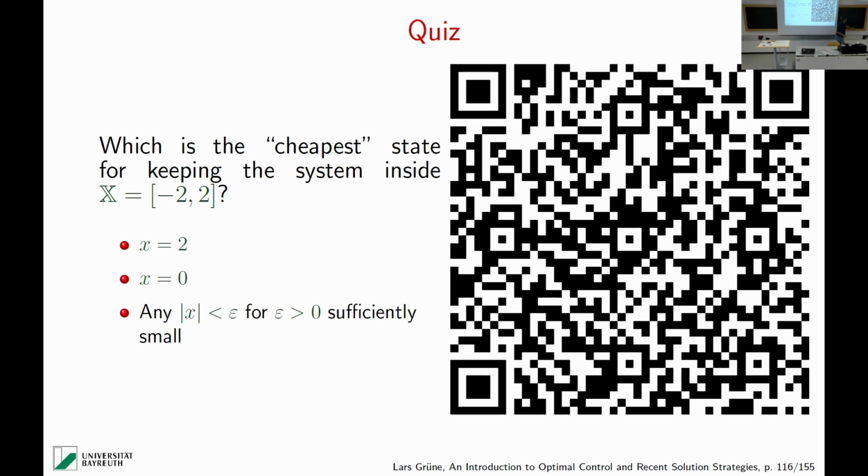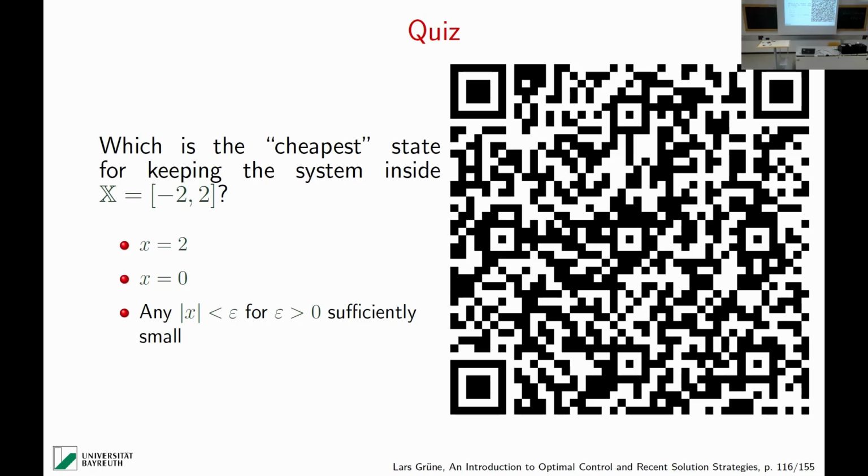Here is chalk, so that you can see that. It was x at t plus 1 is equal to 2 times x at t plus u of t, and the cost that we want to minimize just depended on u and was u squared. So what's the cheapest state for keeping the system inside?